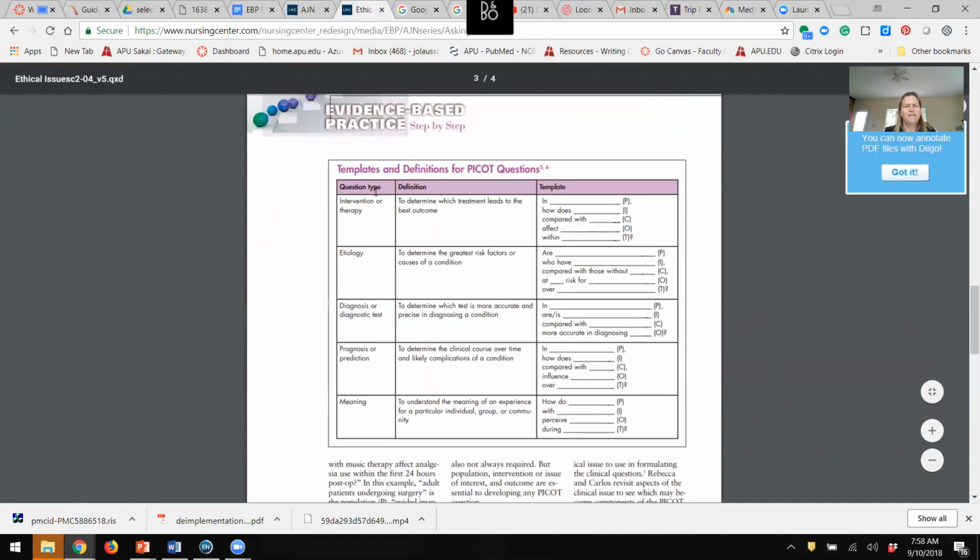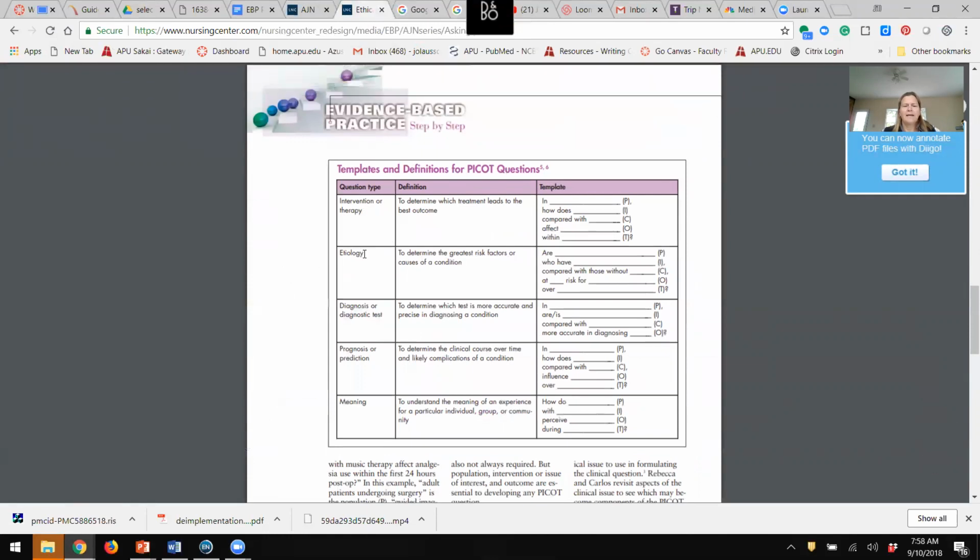So we can have a question that is looking at different types of intervention or therapy. We can have questions that look at etiology and to determine risk factors and causes for conditions. There are some for diagnosis and diagnostic testing, prognosis and prediction, and also some that are meaning.